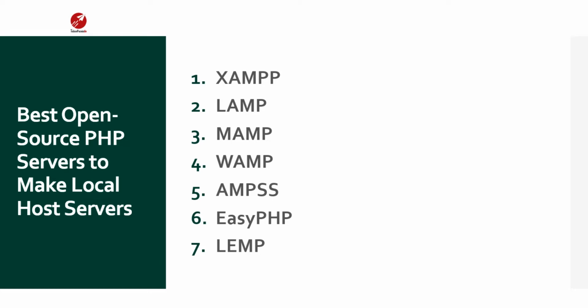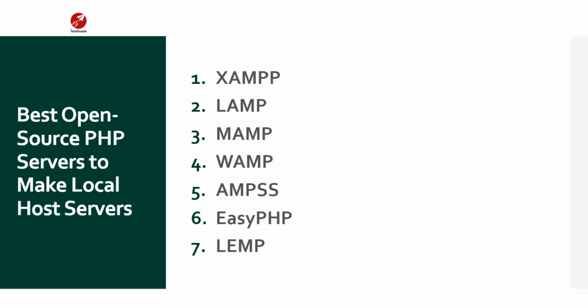We have XAMPP, LAMP, MAMP, WAMP, AMPPS, EasyPHP, and Laragon. Any of these 7 is actually great, and some of them are based on the operating system you are using. LAMP is for Linux, MAMP is for Mac, WAMP is for Windows, and XAMPP, the number 1 there, is cross-platform.